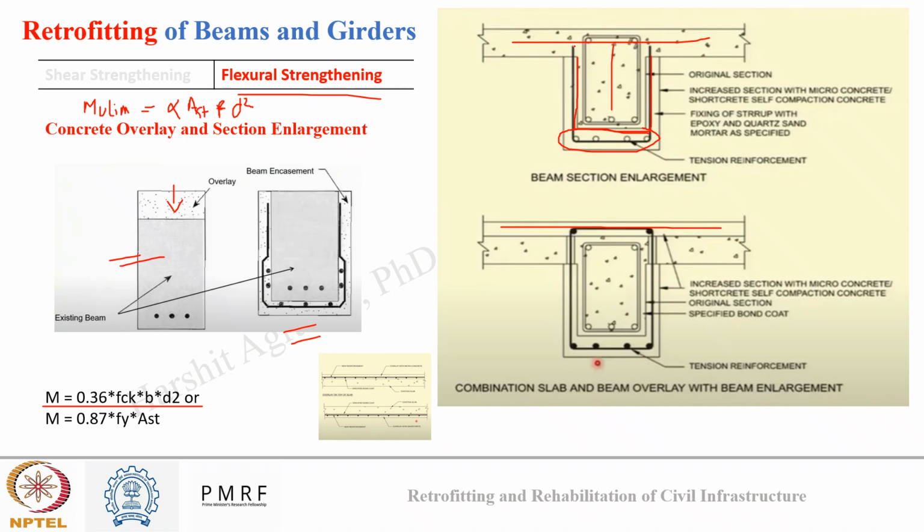But how about these four at the base? You can see here also a stirrup is provided, and this stirrup is running inside the old concrete. This is my boundary of old concrete, this is my new concrete, and this is my new stirrup which is running inside the old stirrup.